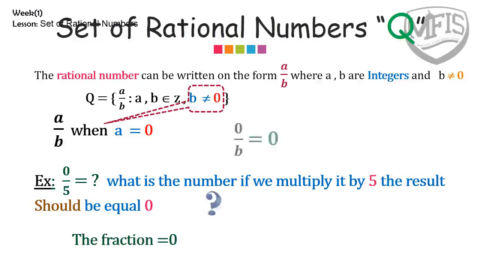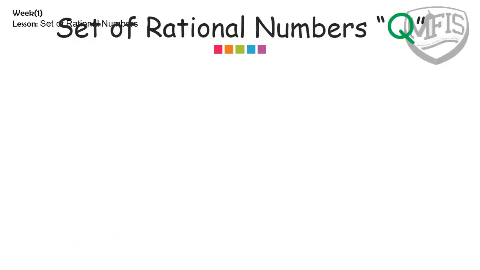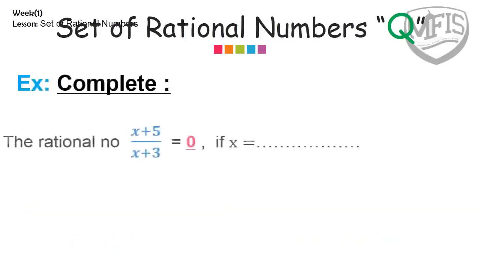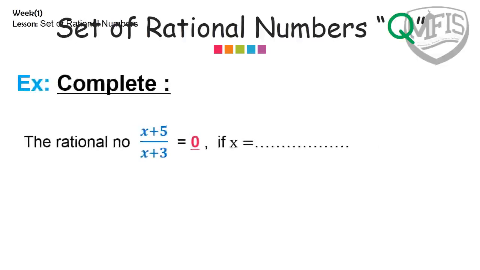So any fraction will be equal to 0 when the numerator equals 0. Please keep it in mind. The fraction will be equal to 0 when its numerator equals 0. In this example, I have the rational number (x plus 5) over (x plus 3) equals 0.